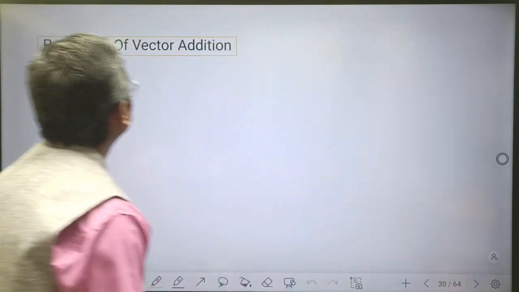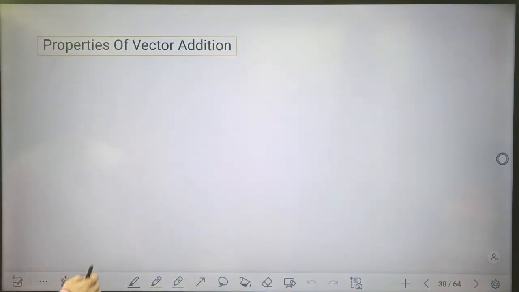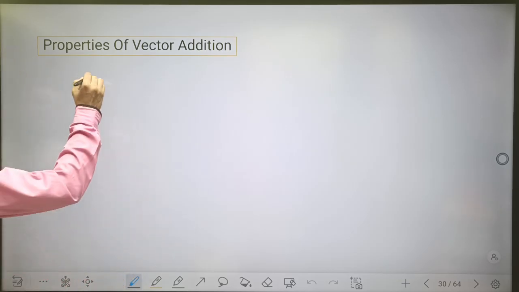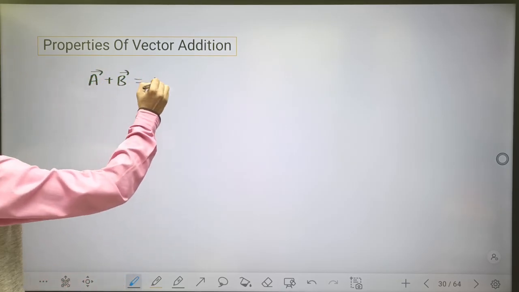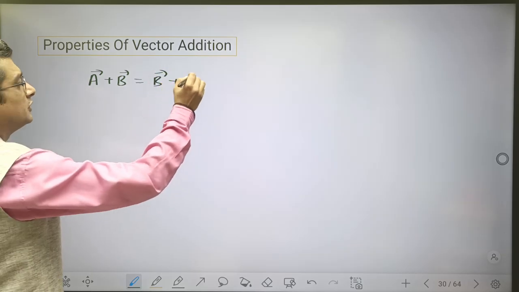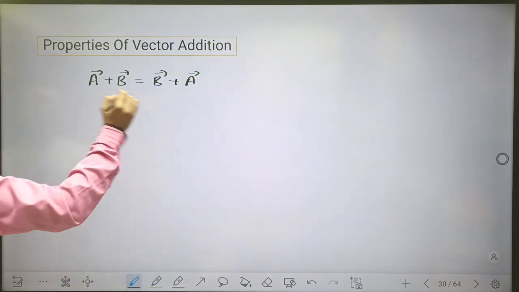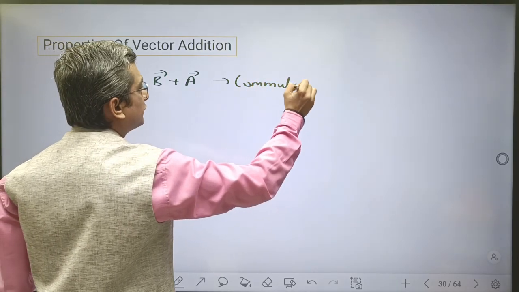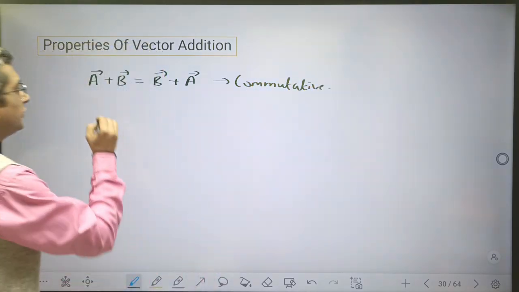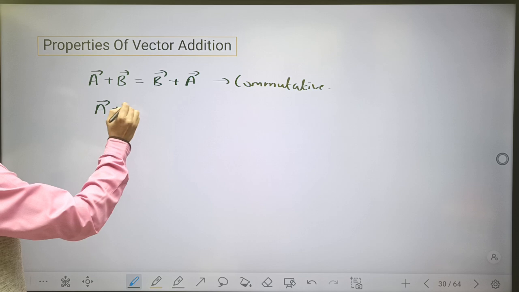Now next, properties of vector addition. So dear students, the first property is that it is commutative. That is, A plus B vector is equal to B plus A vector. This property is known as commutative. Order of addition doesn't matter. Second is associative.